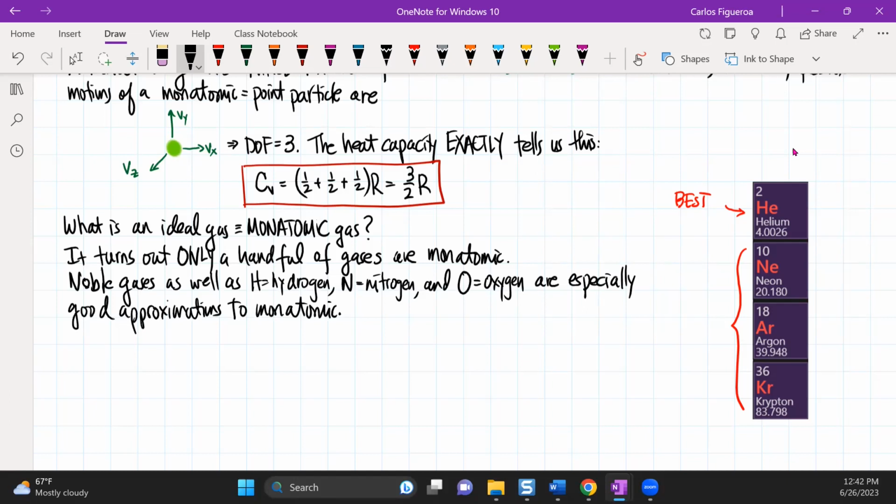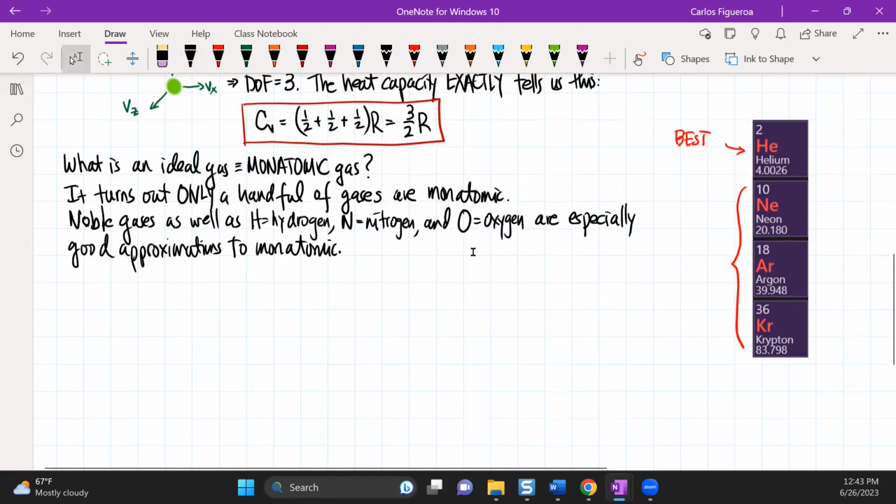And the reason why is mainly because, when you look at the Noble gases, I can only say this with the Noble gases, their outer shells are full, which means that they're extremely stable and they form no bonds. Now, note, hydrogen, nitrogen, and oxygen do form bonds, but they still work pretty good as an ideal gas.